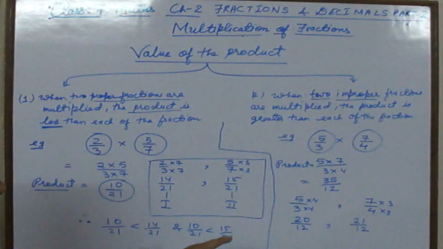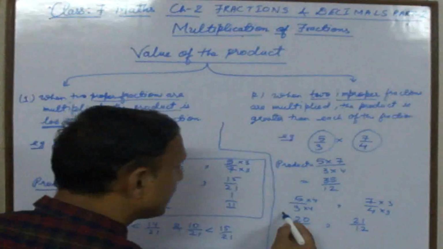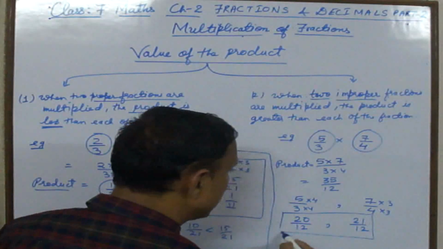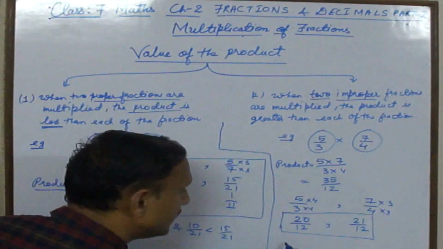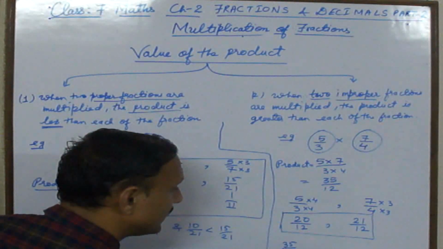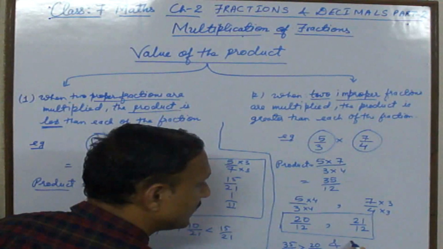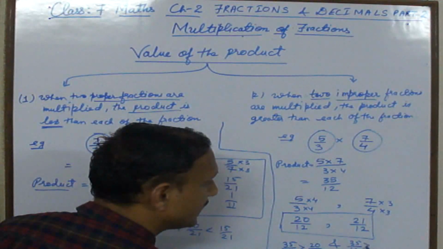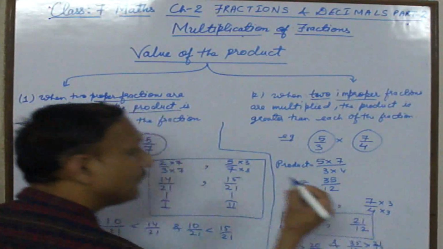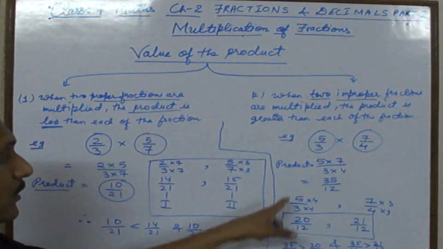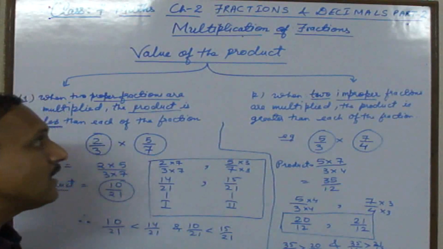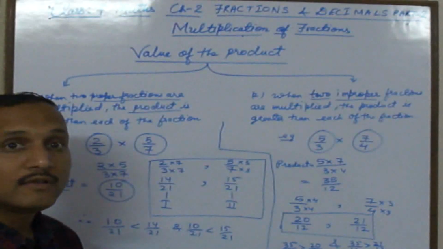Now these are the equivalent fractions of the given fractions. Now let's compare. Product 35 by 12 is greater than 20 by 12 and 35 by 12 is greater than 21 by 12. So in both cases, the product is greater than the given fraction.